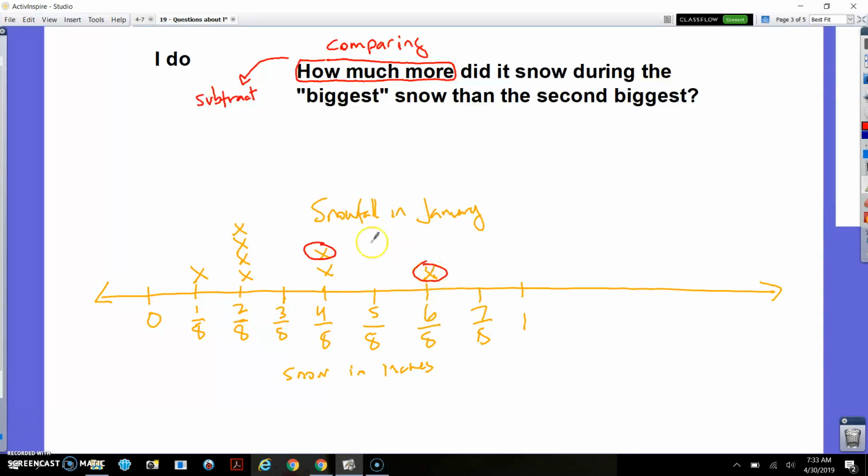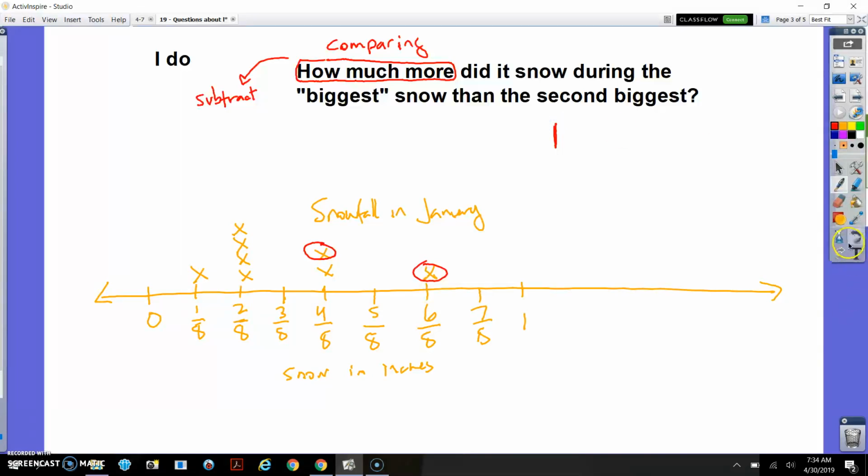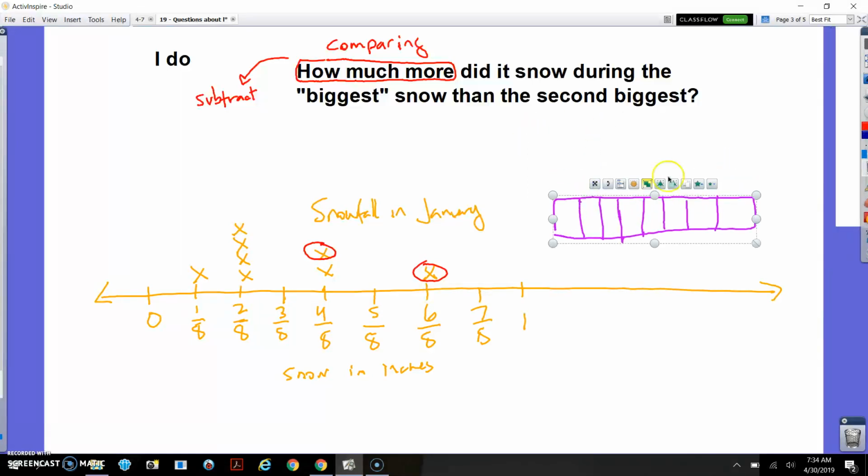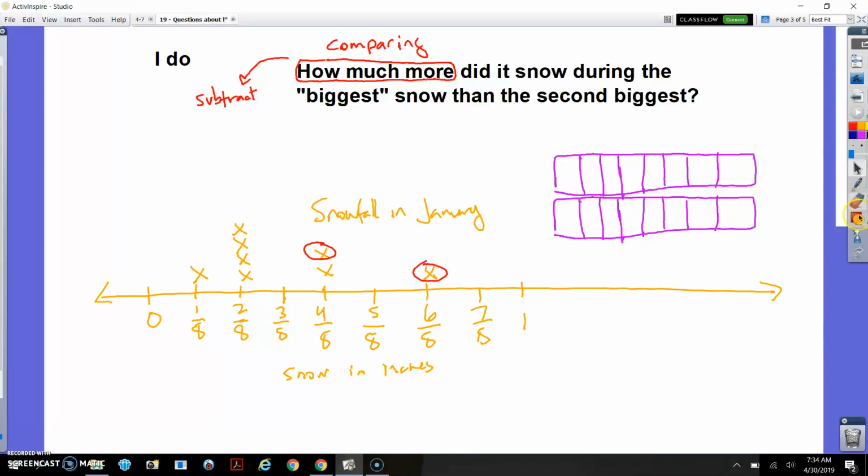So a couple strategies we can do here to compare. One is we could kind of like draw them, show what they look like. I already have eighths from my last thing, so I'm going to just, boom, move it, boom. So if I wanted to compare my two snows, I could say, okay, well, the greatest one was 6/8 of an inch, and so I could visualize that like this.